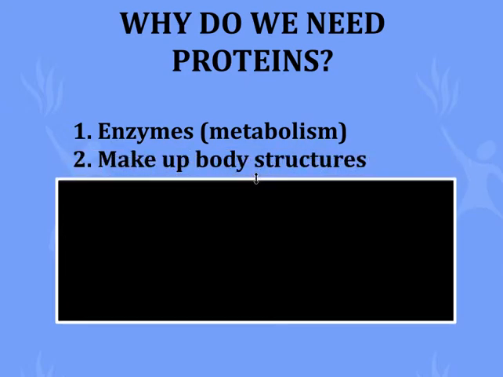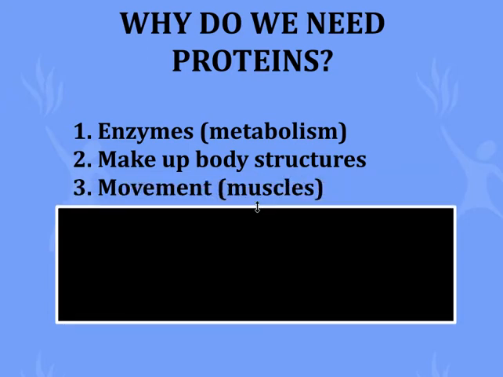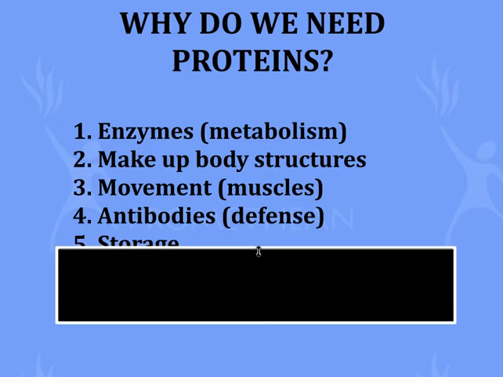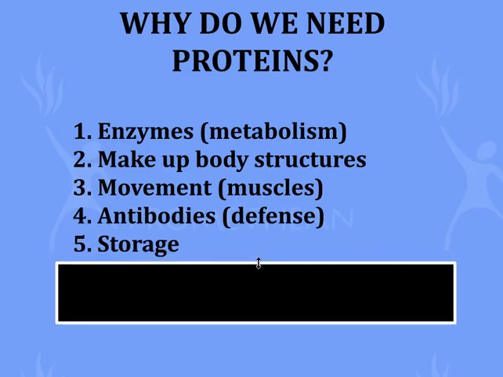They also make up several body structures, like your body parts. Hair, fingernails, eyes, all those different body parts are made of proteins. They're needed for movement. You wouldn't be able to move or have any kind of motion without proteins. Remember, antibodies for defense, for our immune system. Storage in animals like chickens with their eggs.